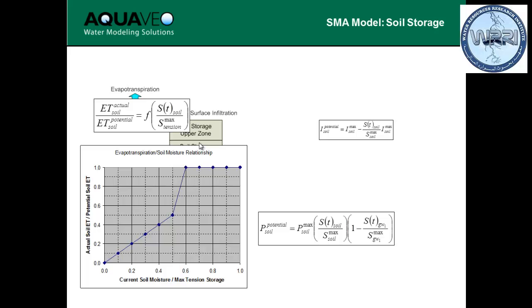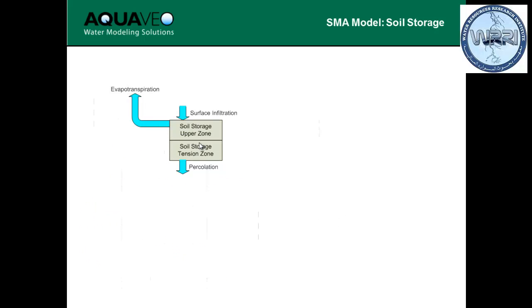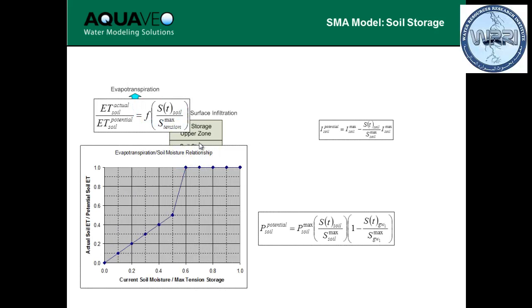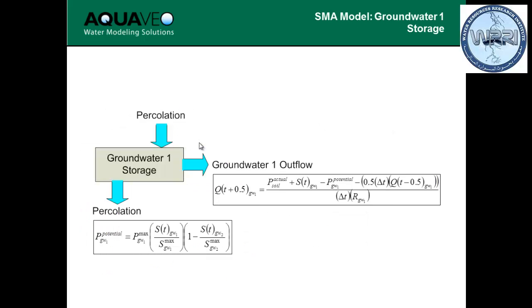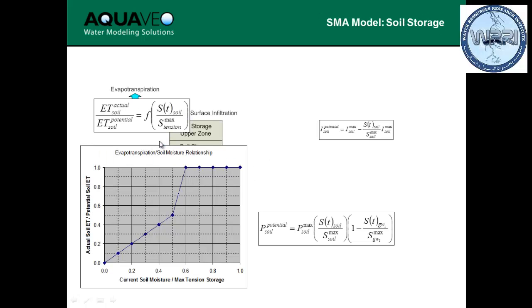Okay, so you have soil, the soil layer. These are the relationships that are used in the soil layer. I'm not going to get into the details of that, and then you have your groundwater 1 layer. In the groundwater I have this percolation from the soil layer.